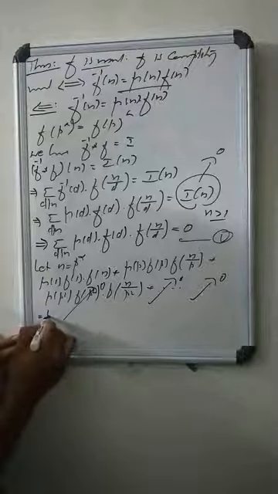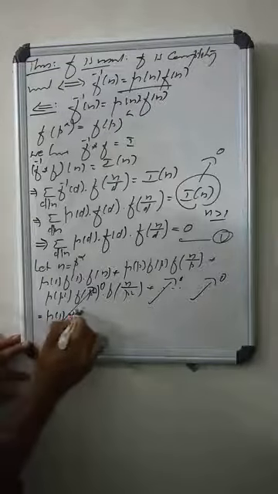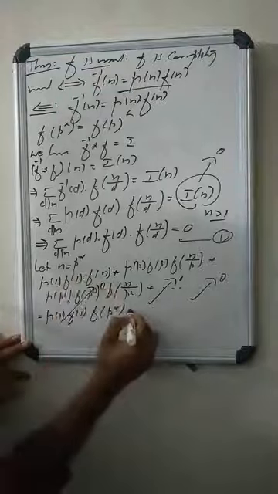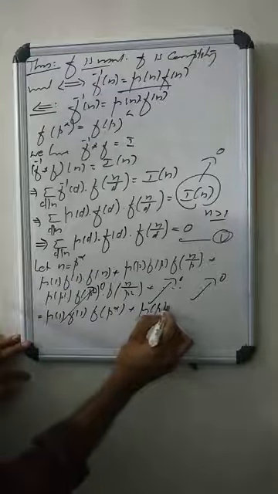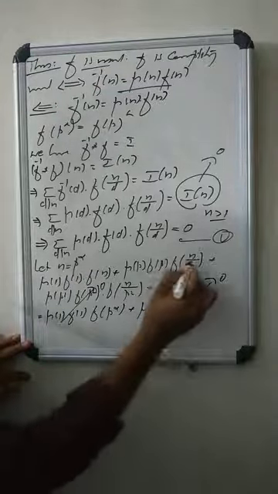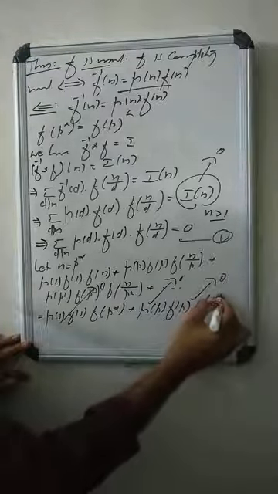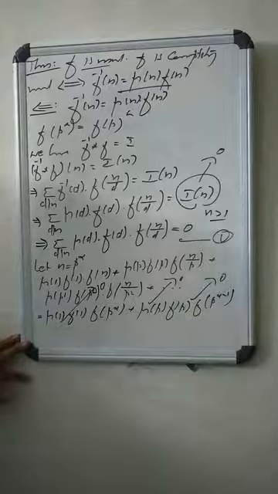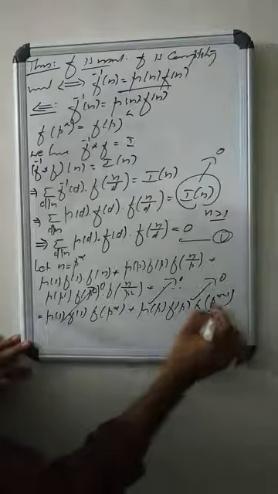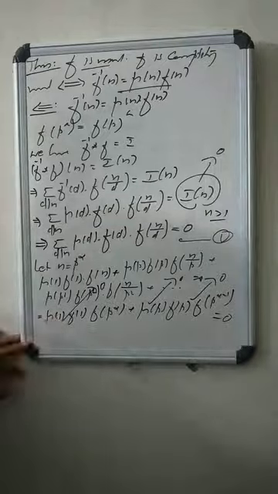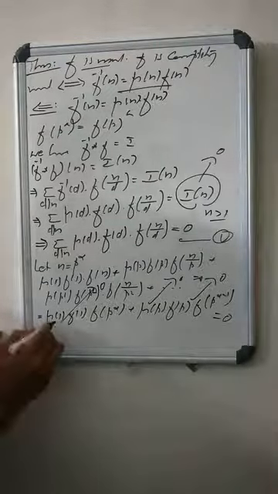So what remains is mu of 1 into f of 1 into f of n. What is f of n? f of p power alpha, plus mu of p into f of p into f of n by p. Here f of n means f of p power alpha, so f of n by p is f of p power alpha minus 1, and the sum equals 0. But f is multiplicative, so f of 1 equals 1, and mu of 1 is 1 by definition.